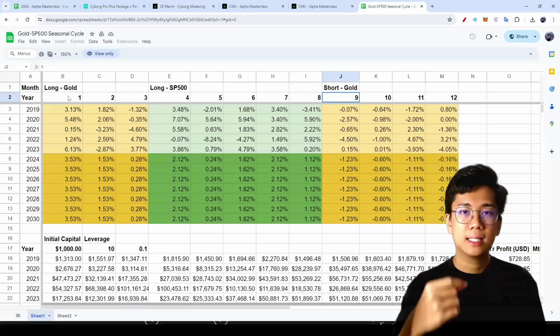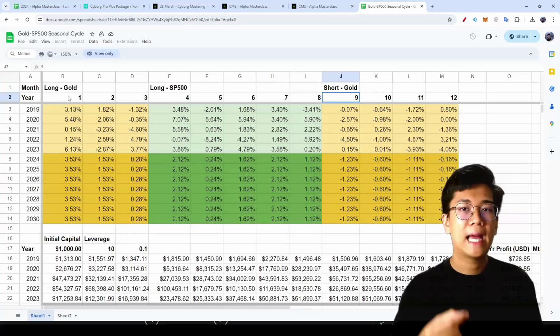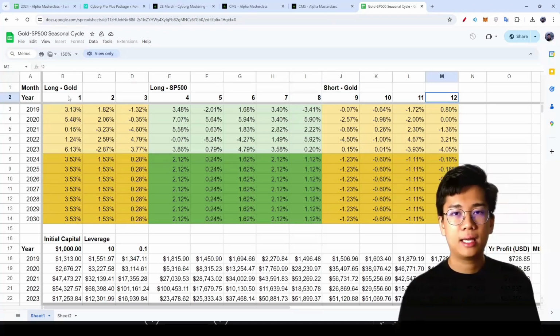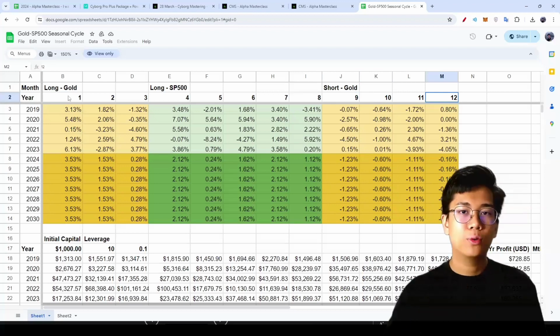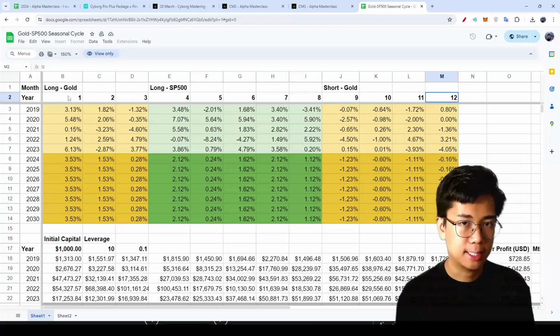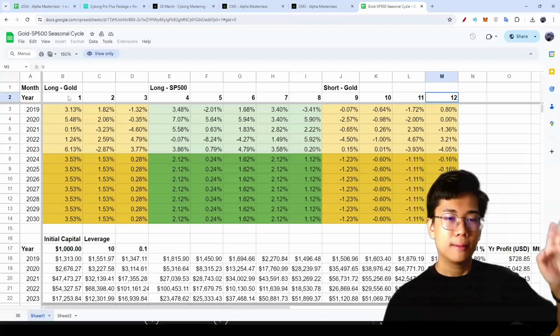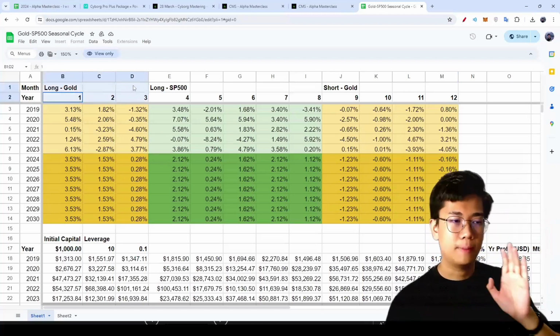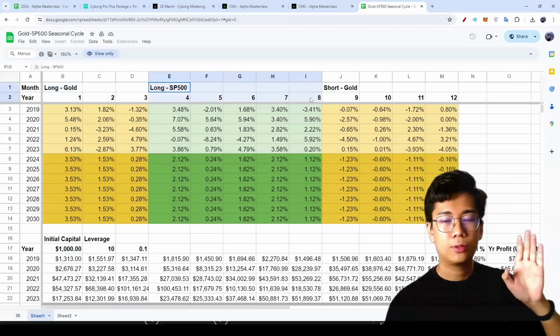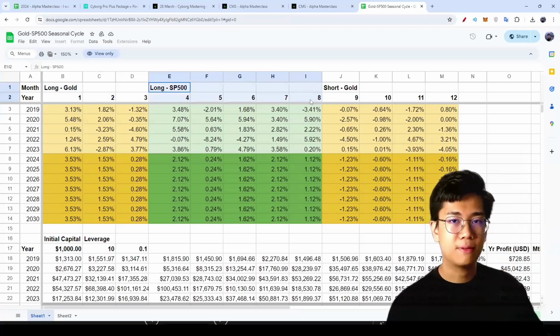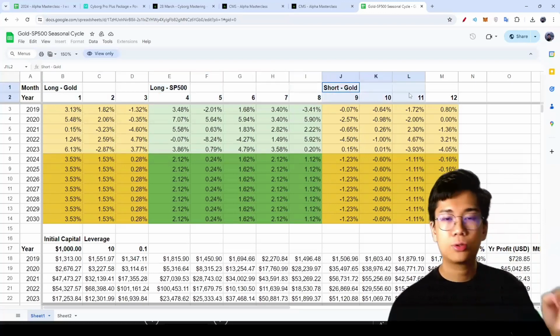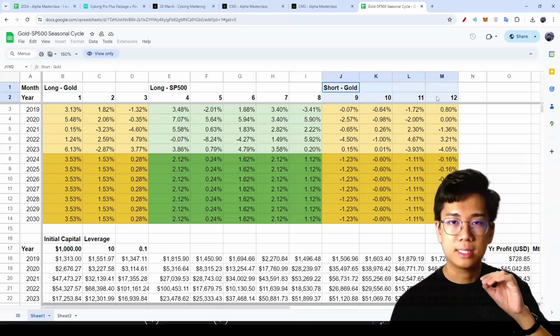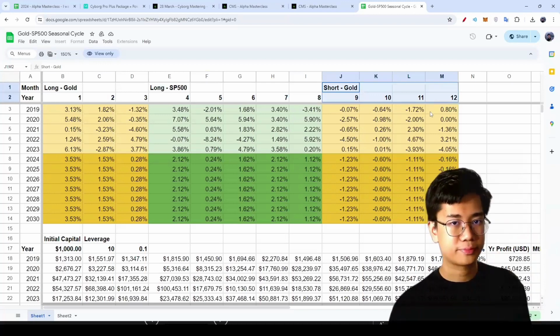Moving forward, we sell the gold in September. End of December, we close the sell. Okay, in short, January to March we buy gold. April to August we buy S&P 500, and September to December we sell gold market.